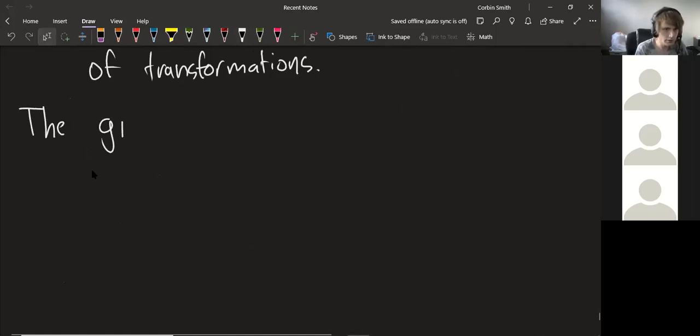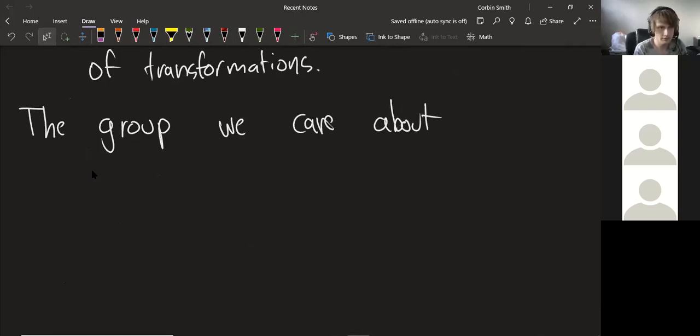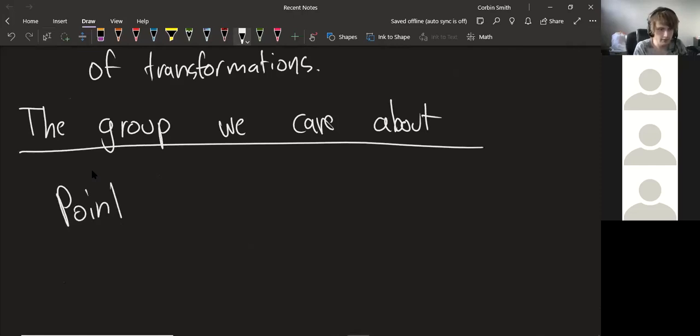The group we care about: points on a conic.